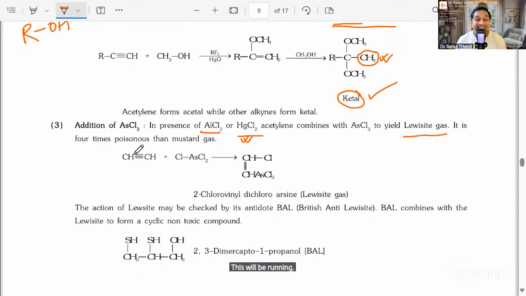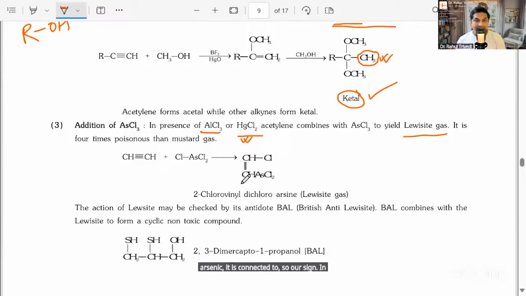Oh my god. Yes, so ethyne combines with AsCl3 forming 2-chlorovinyl dichloroarsine, because this is called arsine, connected to arsenic, na? It becomes arsine. Yes, 2-chlorovinyl, and the second carbon, it is chlorovinyl, and then dichloroarsenic it is connected to, so arsine.